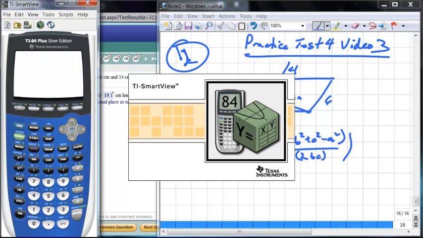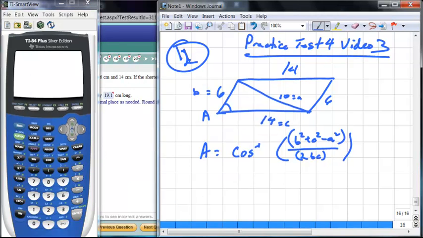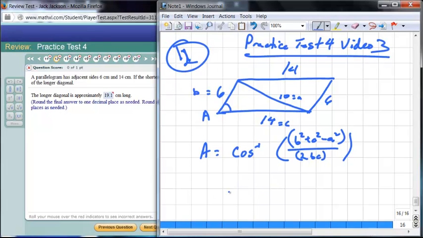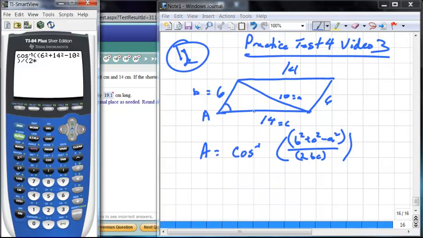So let's go to mode. I'm in degree mode at the moment. That's fine for what I need here. So I want inverse cosine of B, which is 6 squared, plus C, which is 14 squared, minus the 10 squared, close the numerator, divide by, open the denominator, 2 times the B and the C, the 6 and the 14.